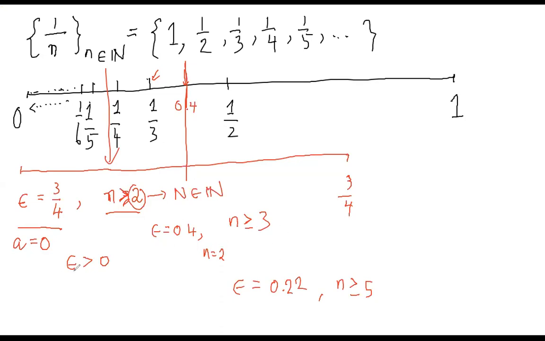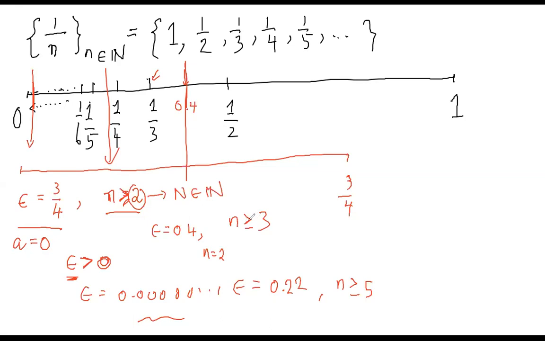So basically, since your epsilon can be arbitrarily small, it just needs to be larger than 0, all right? So it can be something like 0.0000001. That doesn't matter. It can go arbitrarily close to 0, right? The point is that it doesn't matter how you set your epsilon. You can set it to something very small.